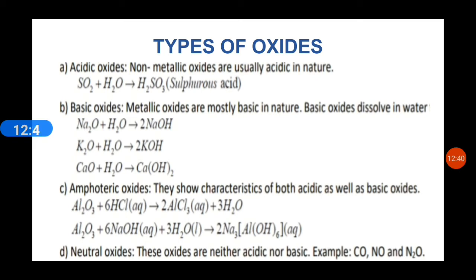Then some amphoteric oxides. The amphoteric oxide aluminium oxide is shown here. It reacts with acid as well as with base to give salt and water. The neutral oxides are neither acidic nor basic. Examples are CO, NO and N2O.